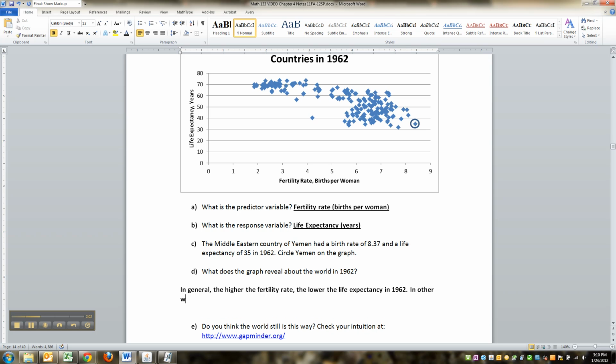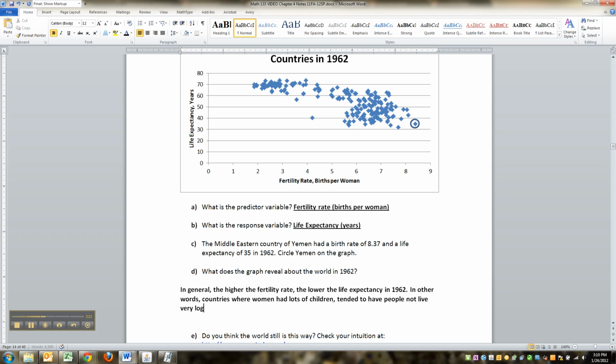In other words, countries where women had lots of children tended to have people not live very long.